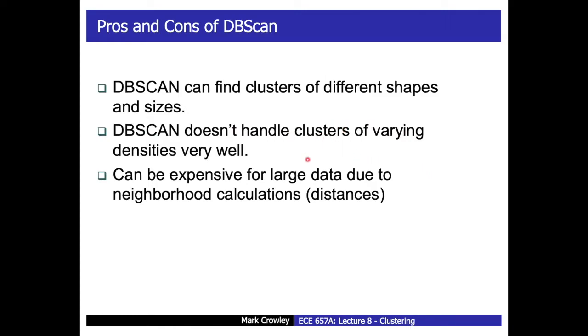It's good for finding shapes. It's good for handling essentially two different levels of density, but not a lot of other ones. If you have, I guess, a lot of very dense points that have lots of large neighborhoods, the calculations get expensive, but it's a bit cheaper than K-means in terms of the overall calculation.